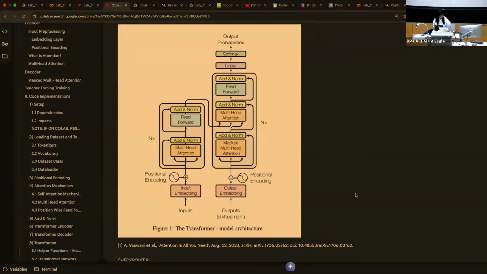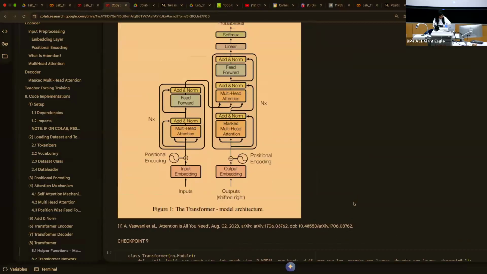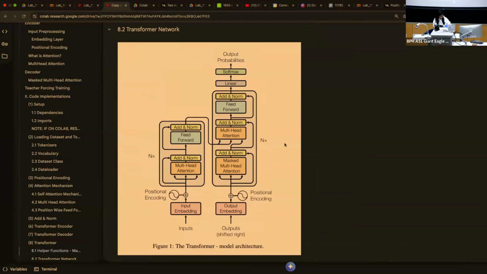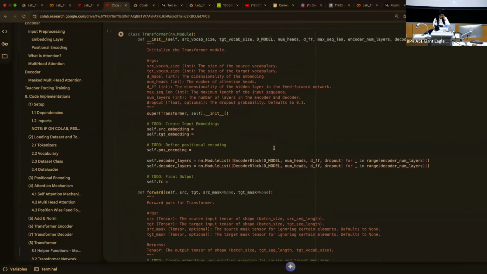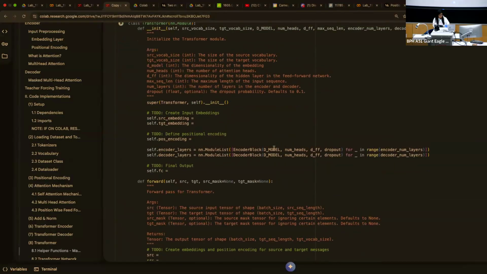Okay, so we just coded up our encoder and decoder fully and the blocks inside it. That's the positional embeddings, multi-head attention, feed forward, and add a norm. So now we just need to call all of these blocks individually and initialize and forward pass through our transformer module.